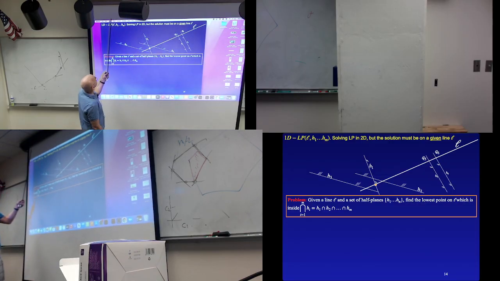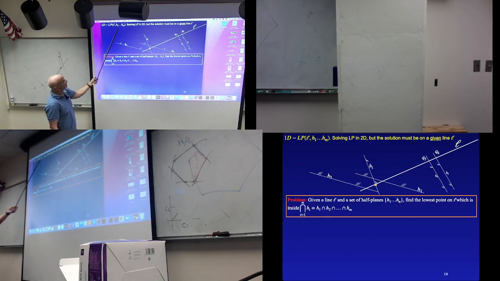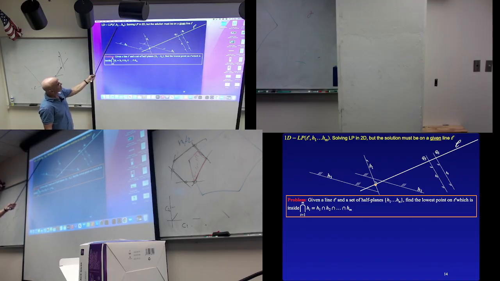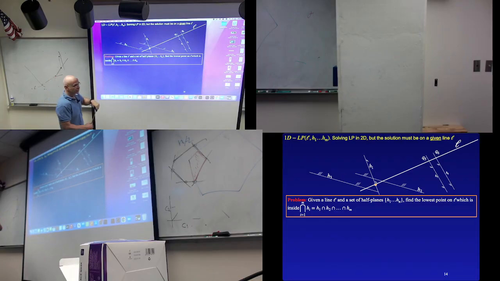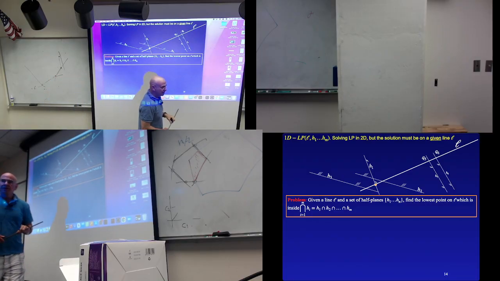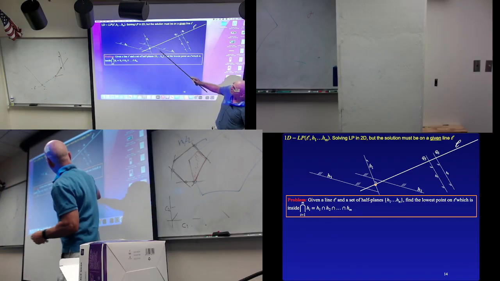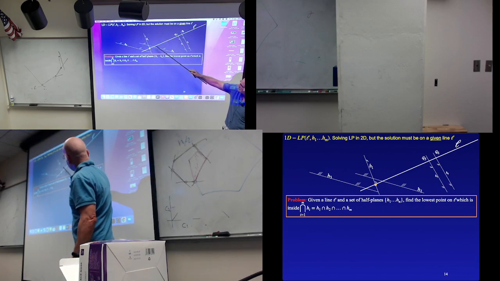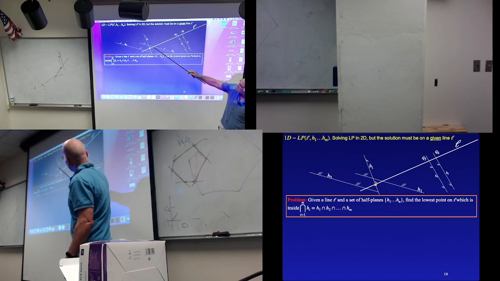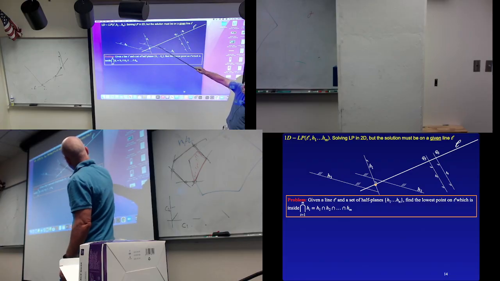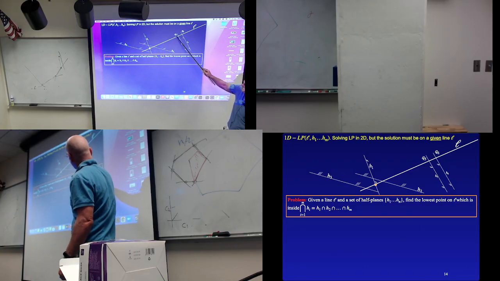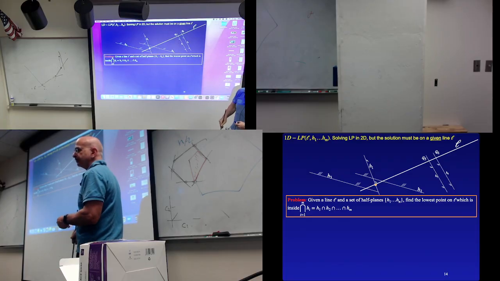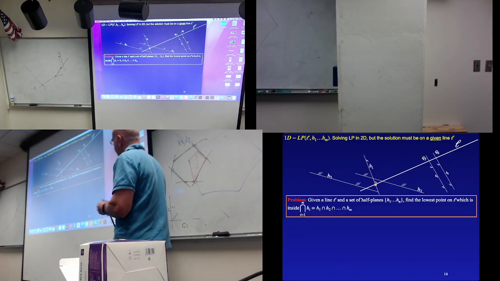Only look for solutions that are on the line L, but in addition, other parts of the input are the half planes H1, H2, all the way up to HL. So I'm only looking for points on L, the highlighted line, which are smaller than some half planes and larger than other half planes. Obviously, it's the other way around.